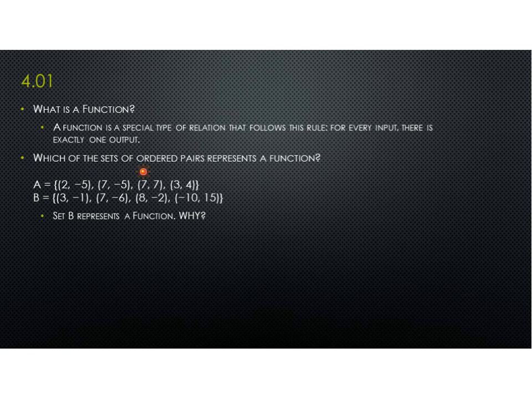Now, if this 7 right here were a -5, this could still be a function. You're allowed to have repeated points if they're the same point. But because this 7 does not equal -5, set A is just a relation, set B is a function.